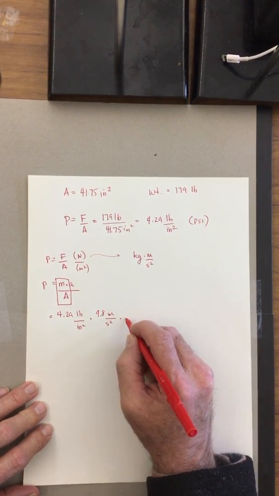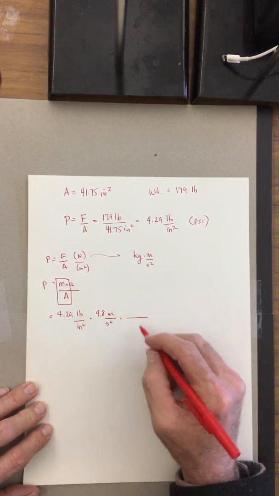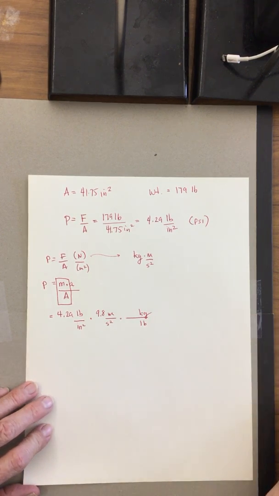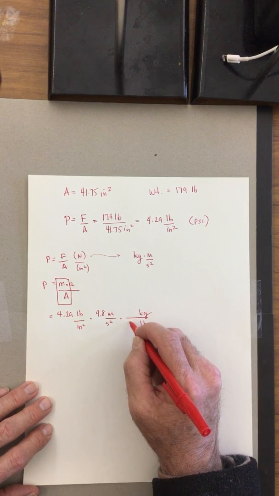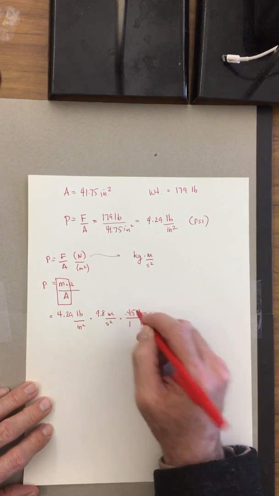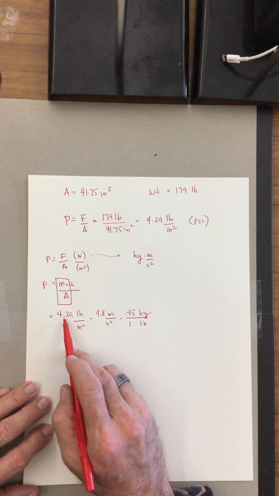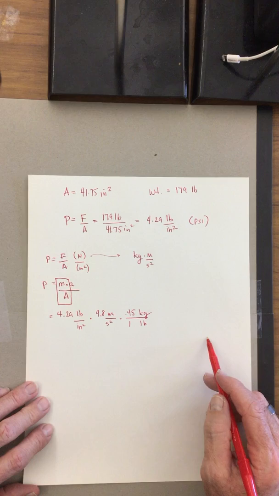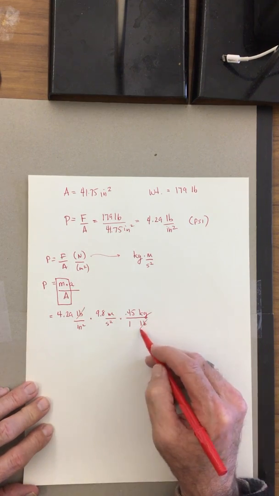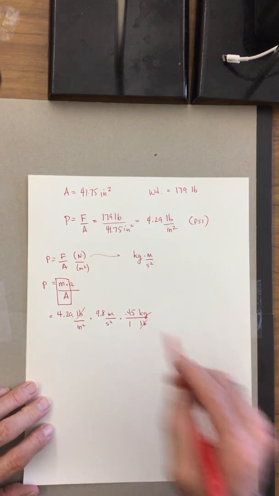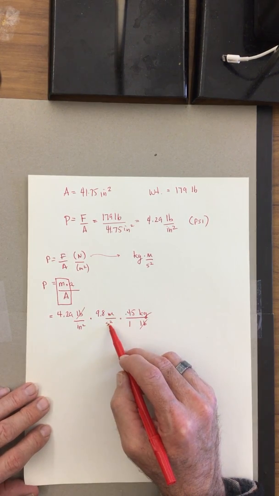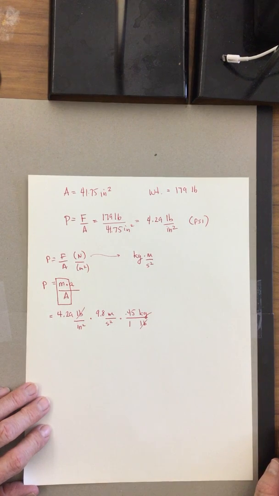So we can do a conversion and get rid of the pounds and convert them into kilograms. 1 pound is equal to 0.45 kilograms. So you have your PSI multiplied by the acceleration, multiplied by the converting unit. We'll go ahead and cross off those pounds and cross off those pounds there. Now I have a kilogram meter per second squared. That's actually a Newton. That's my Newton right there.